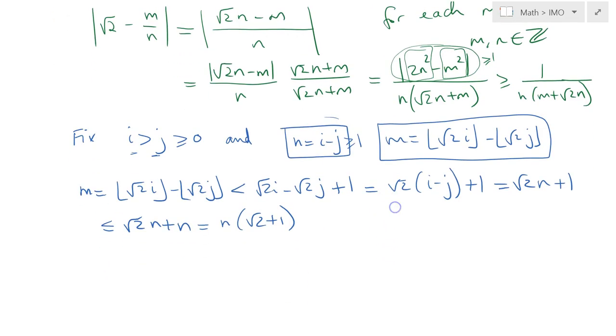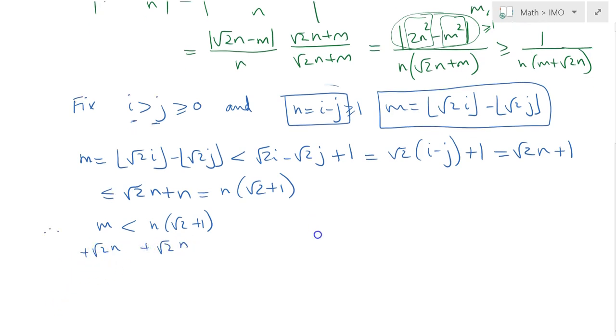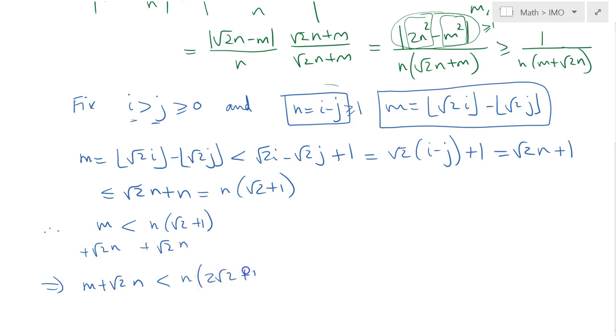If we now add root 2 to both sides of this inequality, let's summarize what we did here. So m is strictly less than n times root 2 plus 1, and I simply add root 2 n to both sides of this inequality, implying that m plus root 2 n would be strictly less than n times 2 root 2 plus 1.